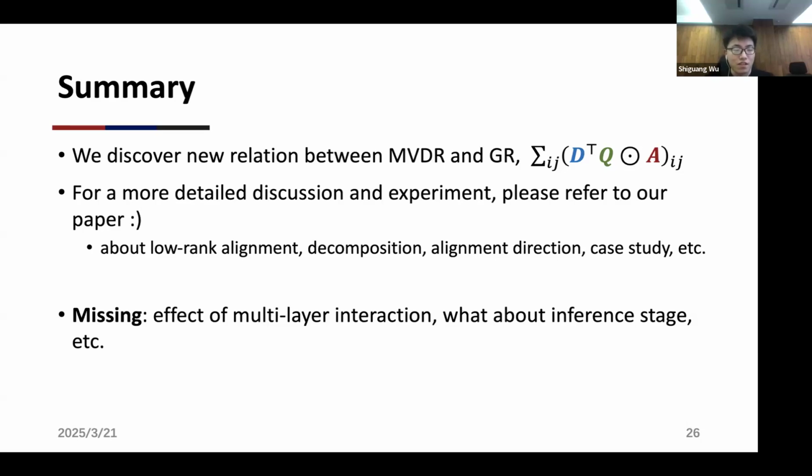Here is the missing part of the paper. We didn't study the effect of multi-layer interaction. We just focus on one cross attention layer, so there may be much more complex mechanisms for multi-layer interaction.